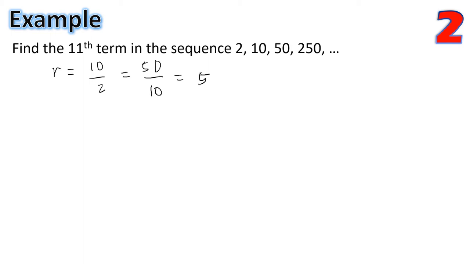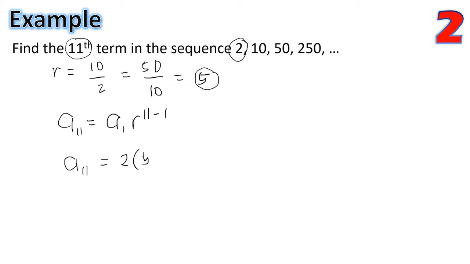And to find the 11th term, we have a sub 11 is equal to a sub 1 times r raised to 11 minus 1. Substituting a sub 1 is equal to 2, r is equal to 5, and n is equal to 11. So we have the 11th term as equal to 2 times 5 raised to 10.